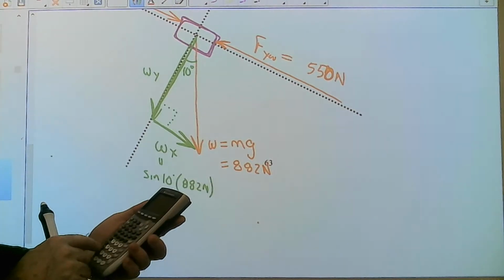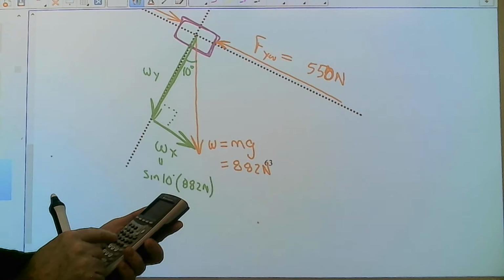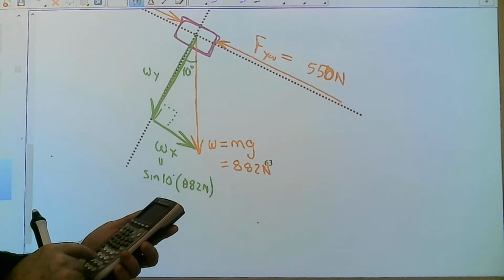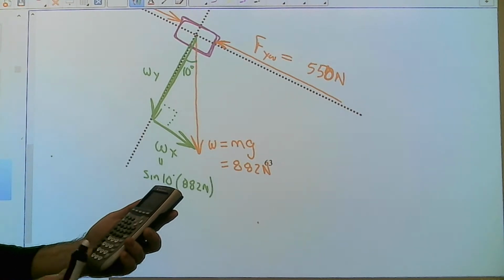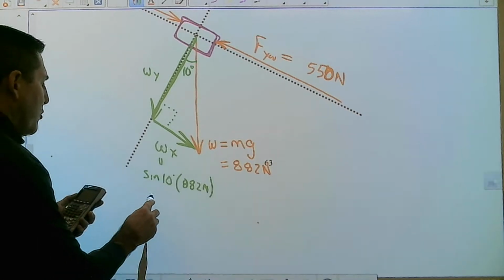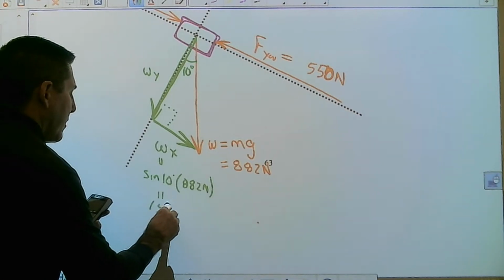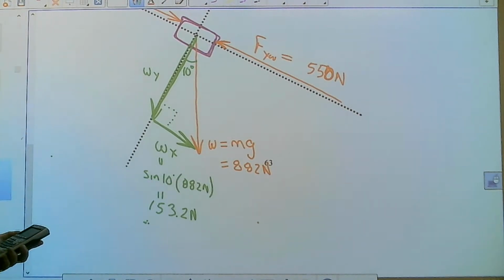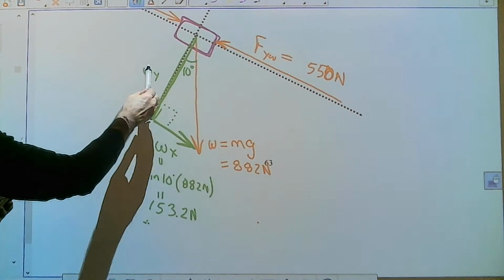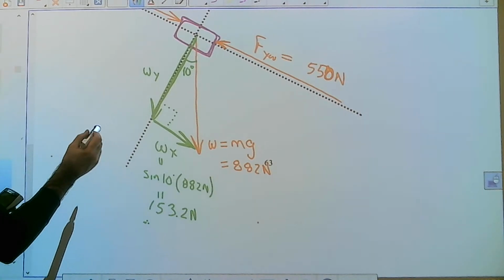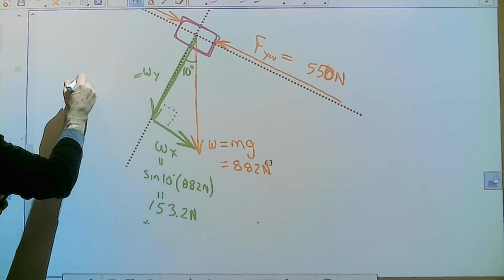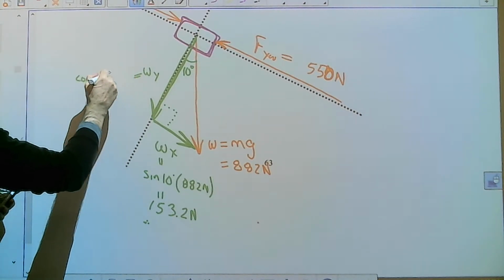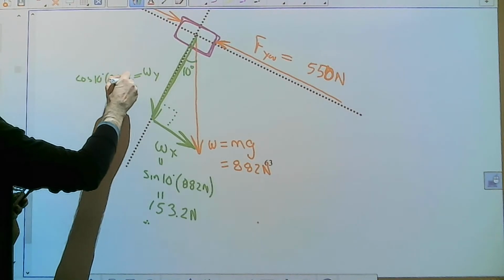So if I take the sine of 10 degrees times my hypotenuse, 882, I get 153.2. Likewise, W sub y is the adjacent side. So for W sub y, I'm going to use the cosine of 10 degrees times the hypotenuse.